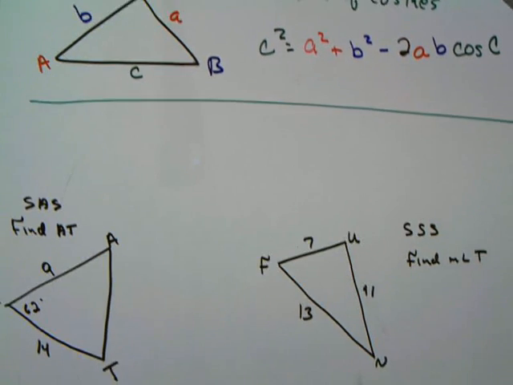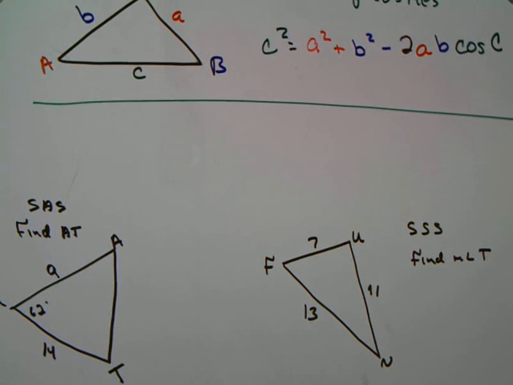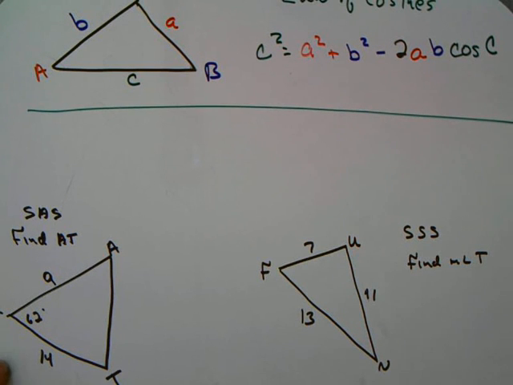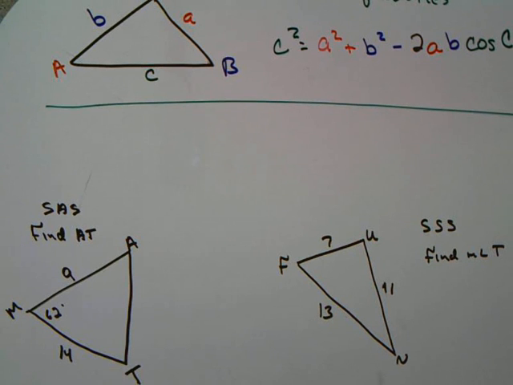Okay? So let's use that law of cosines. What if we wanted to find AT? Well, I would first ask, do I know the angle across from AT? And I do. It's 62 degrees.